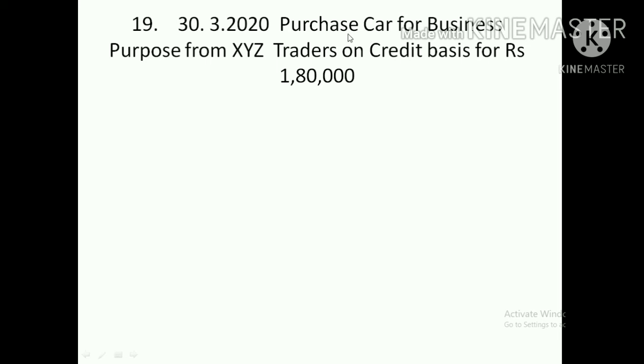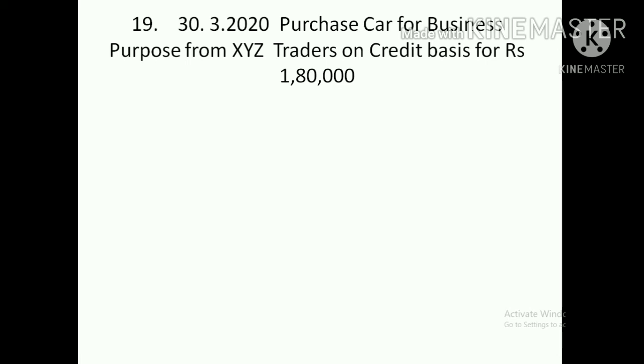If the company purchases an asset in the form of credit, that time it should be recorded in journal voucher, because on the basis of credit there is no fund movement, it just has an effect on the accounts. So it should be passed with the help of journal voucher, so only I took this transaction. Once the company pays the amount against this credit purchase, then you should go for what? Payment voucher.